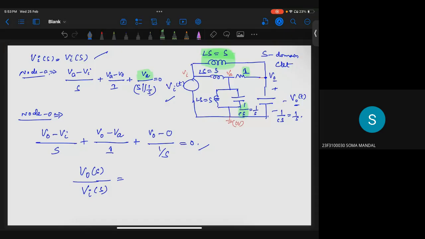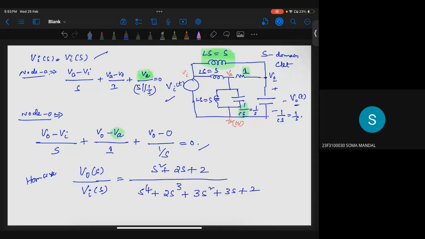First, from this equation you can write the Va expression and substitute it here to find the final expression. Consider this as homework. You will get s square plus 2s plus 2 over s power 4 plus 2s cube plus 3s square plus 3s plus 2.